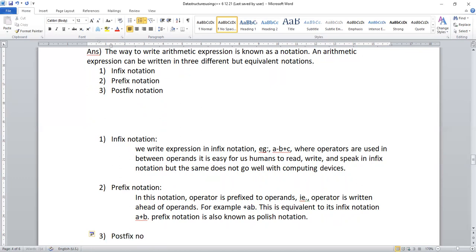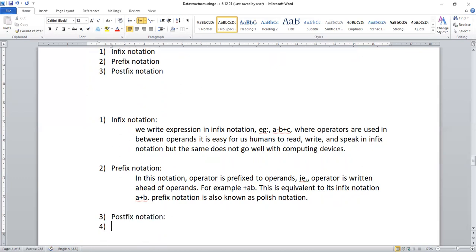Okay, like that we have postfix notation also. So what is postfix notation? This notation style is known as reversed Polish notation.